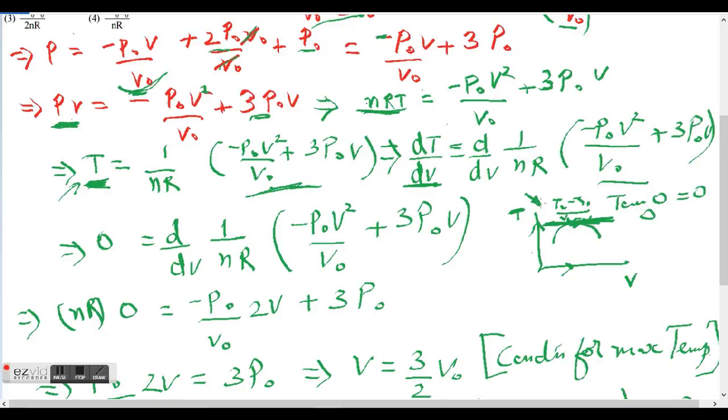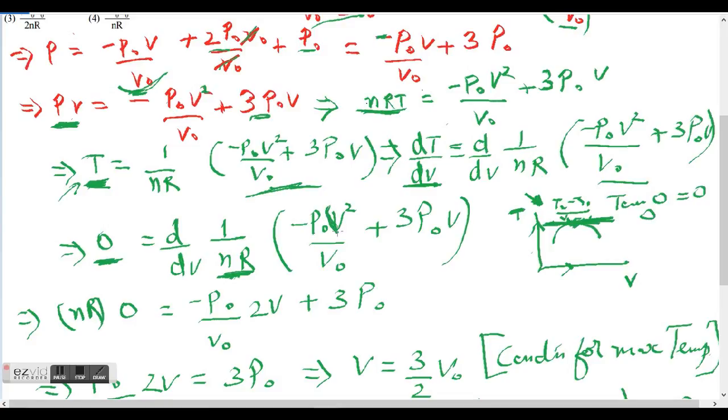So what is dT over dV? At the maximum point, it will be 0, because dT over dV gives the slope of the function. So 0 is equal to d over dV of 1 over nR, and then R will remain constant, so I can take that out. I'm not going to differentiate it. And then d over dV of P naught V square over V naught.